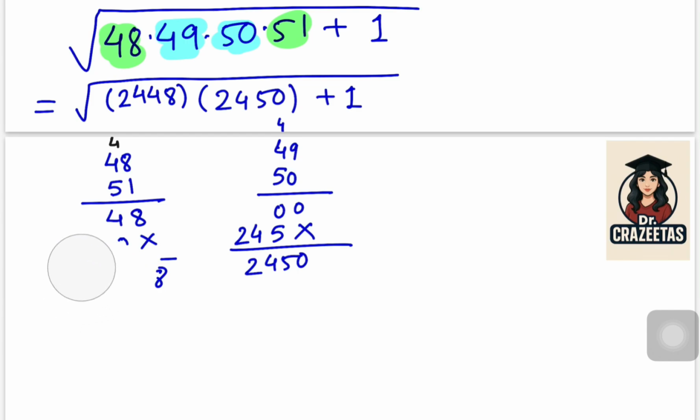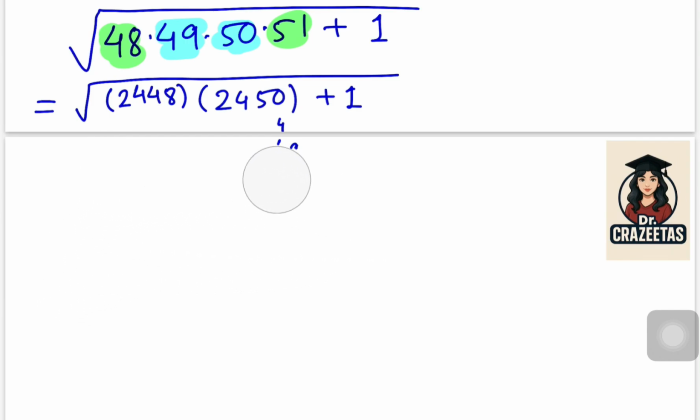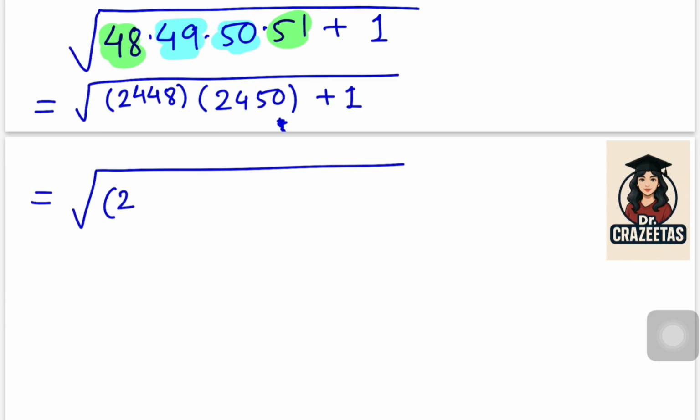Now there must be a question in your mind why we have selected those two. What is the main thing? You can see that it is number 48 and this is 50. So I can write these numbers as 2449 minus 1, because when you subtract 1 from 2449 you will get 2448, and 2449 plus 1 you will get 2450.